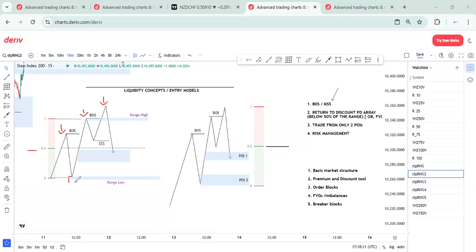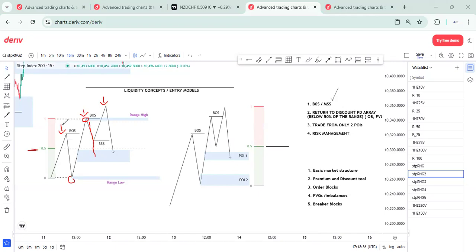So let's say this is your low and this is your new high. If market is pulling back here, you want to see market go below the 50% zone or 0.5, which is what I've indicated with this dotted line. And that is the only thing that is going to make you interested in taking a trade.